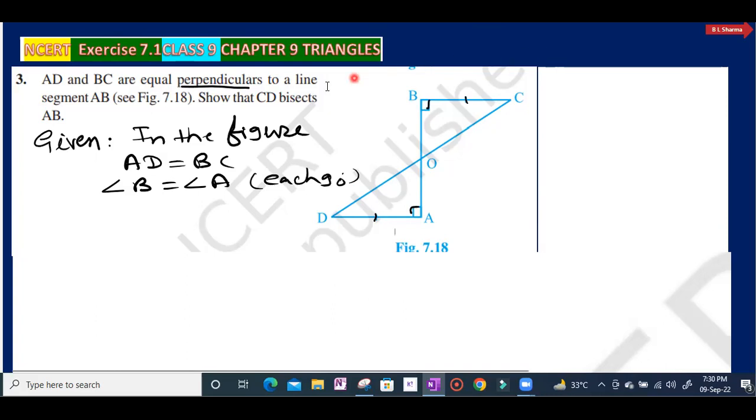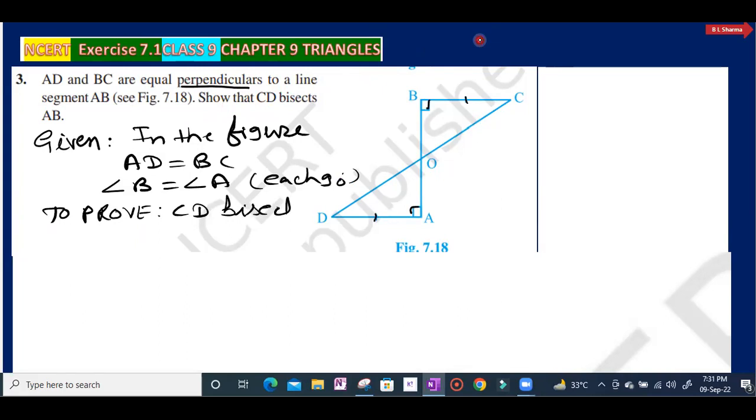And now we have to prove or to show that CD bisects AB.